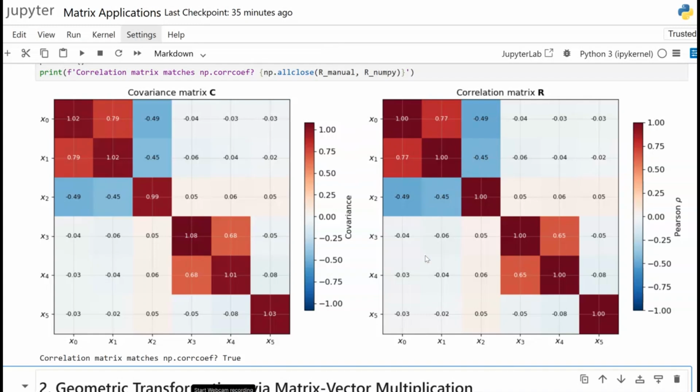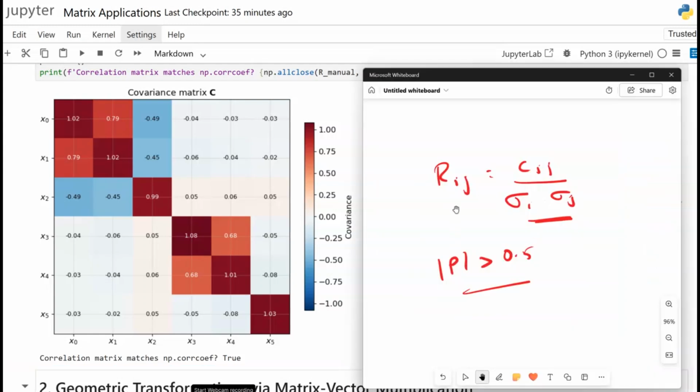So each and every value is between -1 to +1. So which we specify here, yes, R sub ij equals C sub ij divided by sigma i multiplied by sigma j.